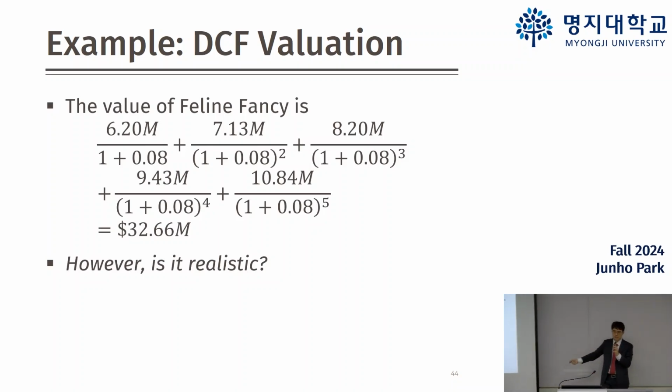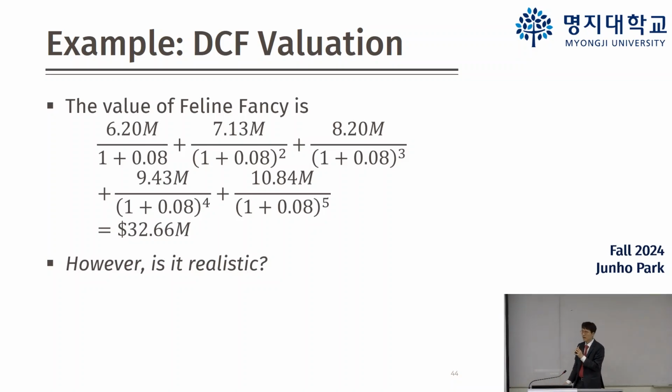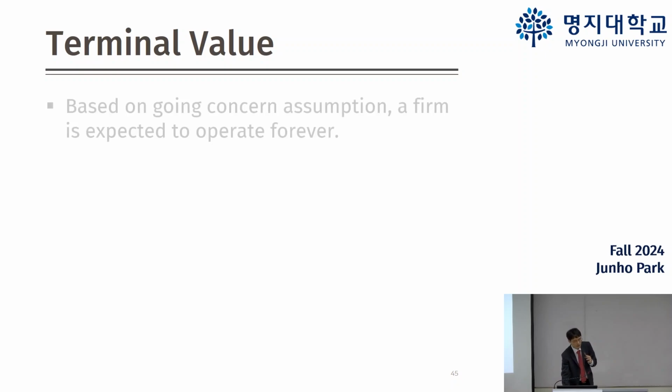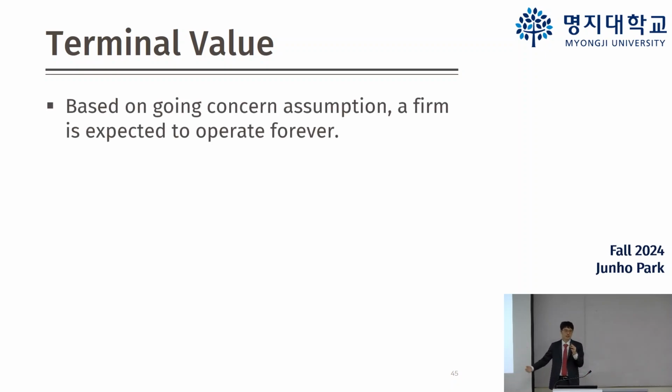This is unrealistic because in reality, we believe that companies will continue to operate. In other words, we have the going concern assumption, so we should think about the futures as well. So we may need to consider the 6th year free cash flow, the 7th year free cash flow, and so on.